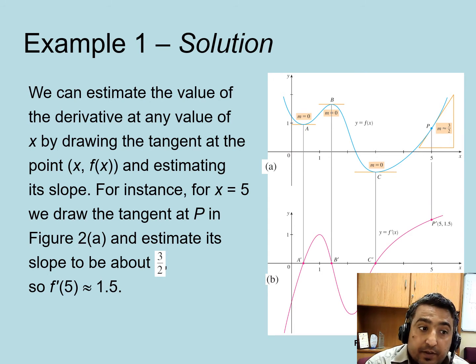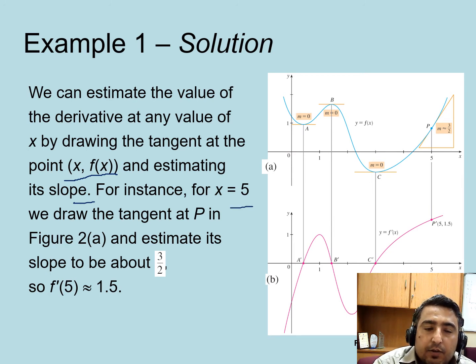You can estimate the value of the derivative at any value of x by drawing a tangent at the point. We already explained that the derivative is basically the slope of the tangent, or the slope of the curve, so you can find the derivative by estimating its slope. For example, at x equal to 5, if you want to find the slope of the tangent, you have a simple formula.